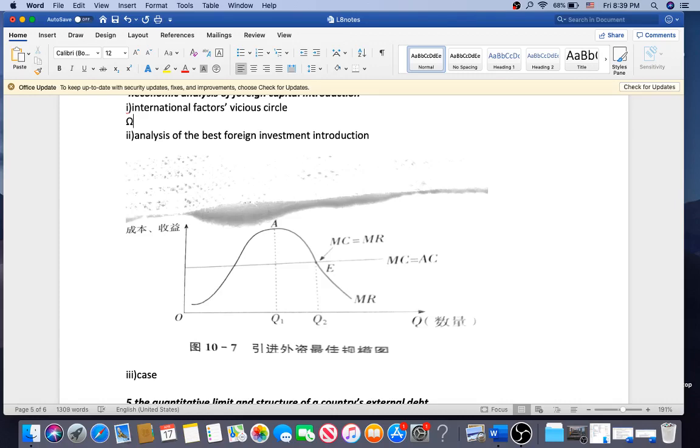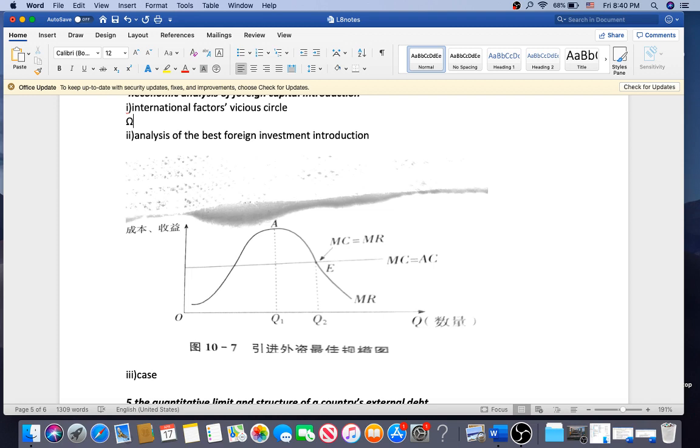So from this, next we will use this chart in the lecture notes to analyze how to achieve the best foreign investment introduction amount. That means we try to attract external resources. In theory, the introduction of external resources should be at the optimal scale.